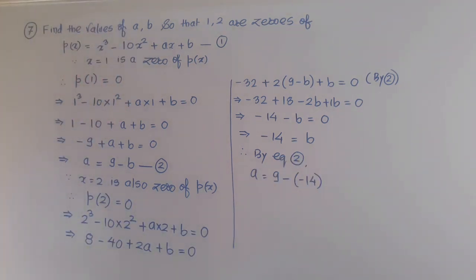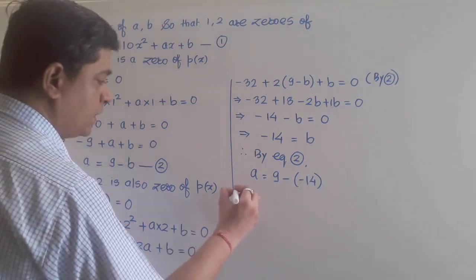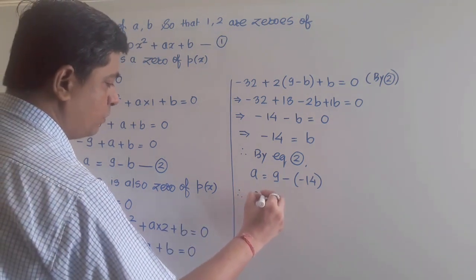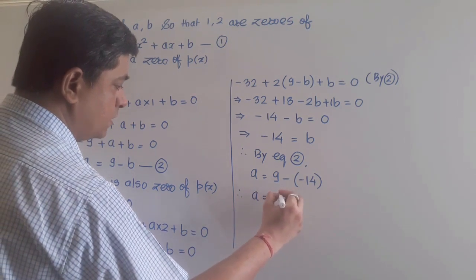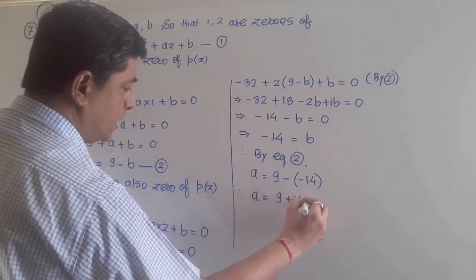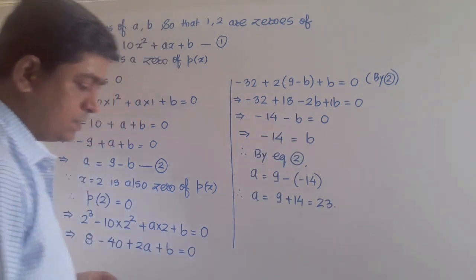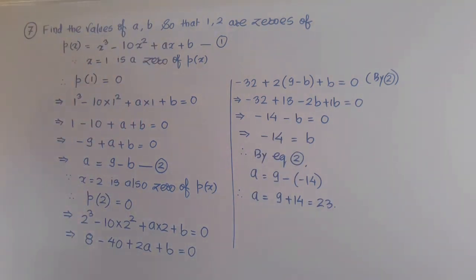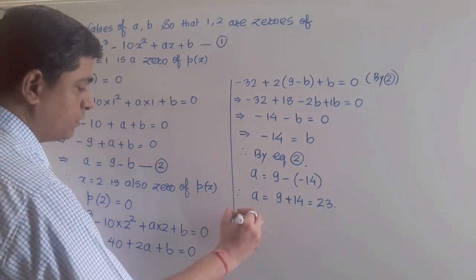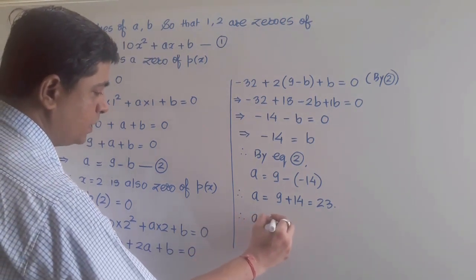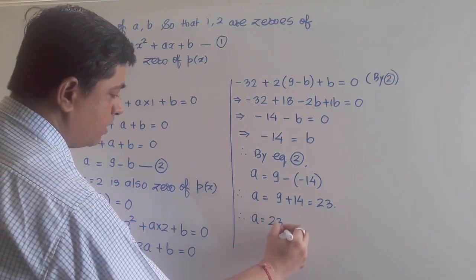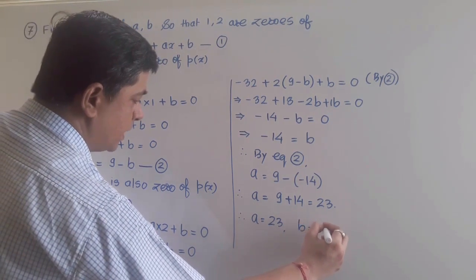So minus minus will become plus. So the value of a will be equal to 9 plus 14, that will be equal to 23. This will be the answer of the question. So finally we can say therefore the value of a will be equal to 23, comma, b will be equal to minus 14.